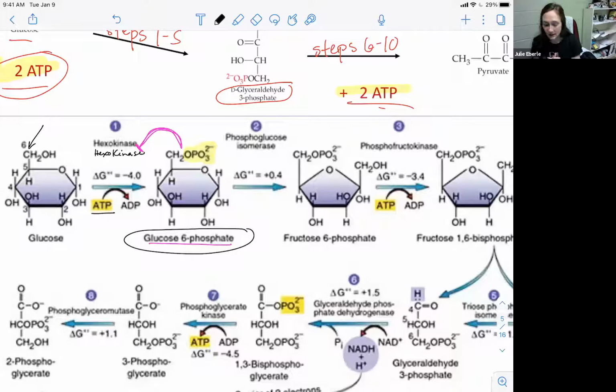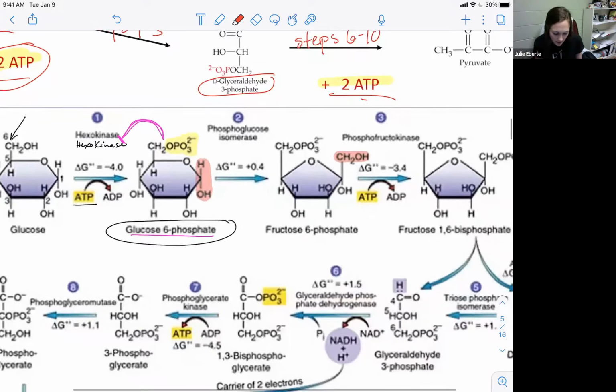So all we did is we took this whole carbon group with the OH, let me highlight it in red here, and now it's oriented up, and the ring closure is smaller. It's a 5-member ring. Now that's fructose. We still have the phosphate group on carbon 6, but we just kind of cinched the ring a little bit and turned it into fructose. So that's just an isomerization.